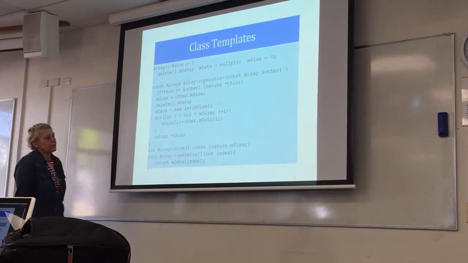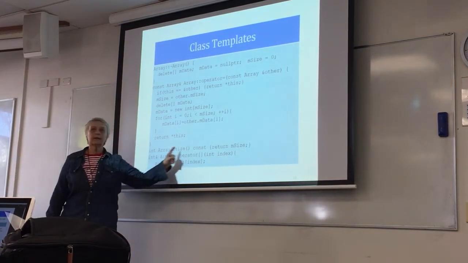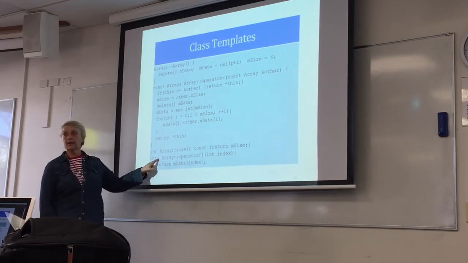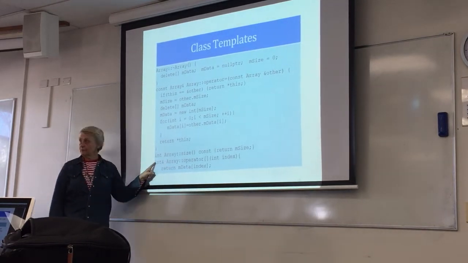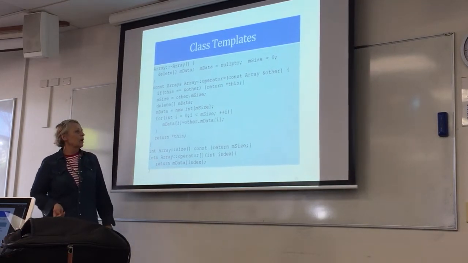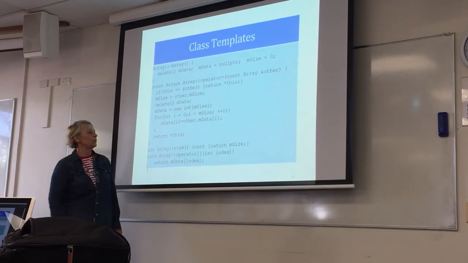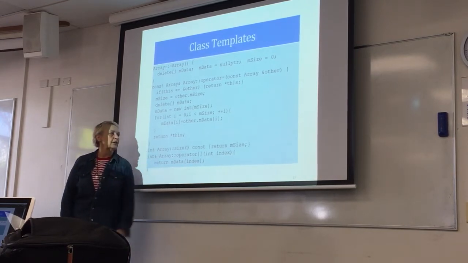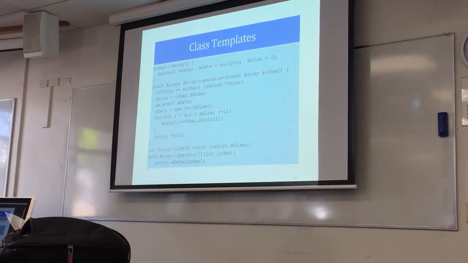And then the index operator, which can appear on both sides, right and left. That's why we have this return by reference, so that we can assign to our object location whatever. And return the element at index.